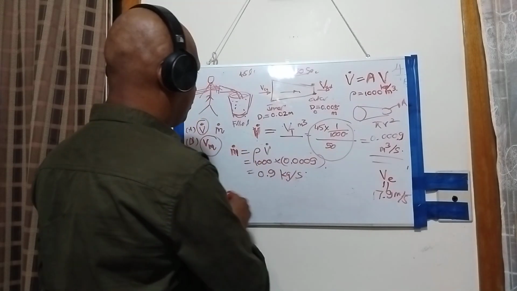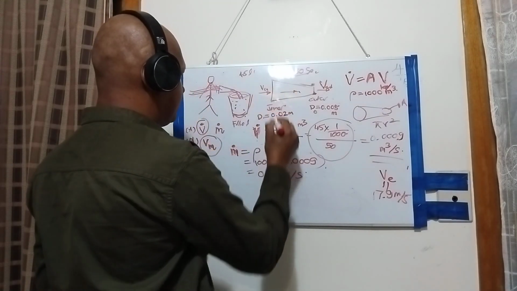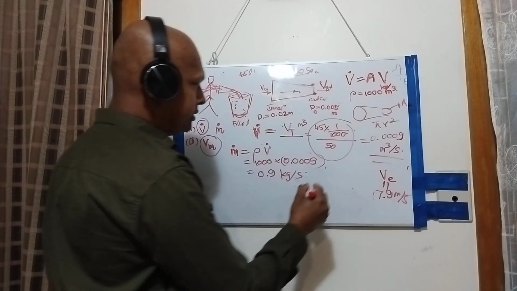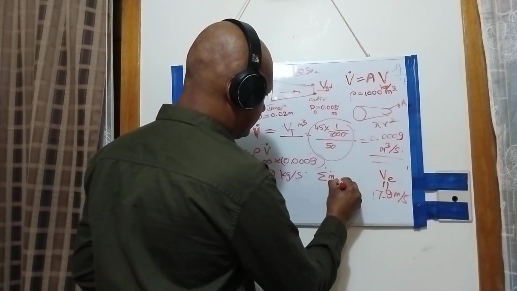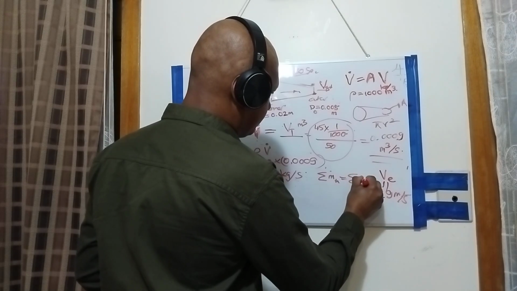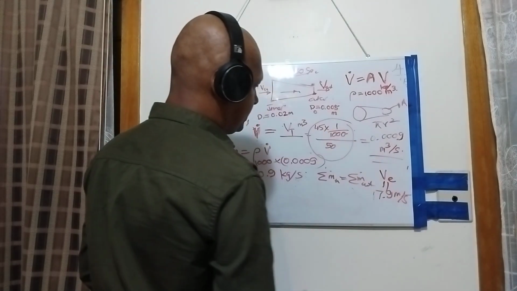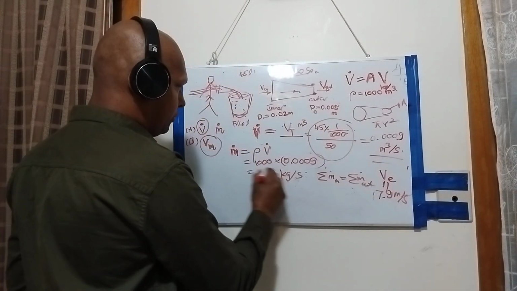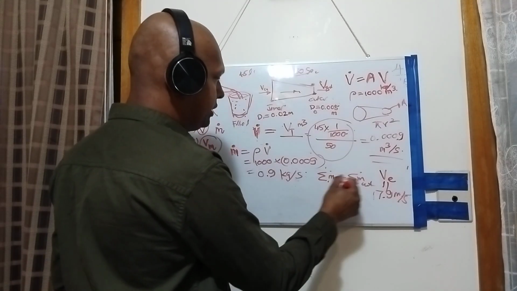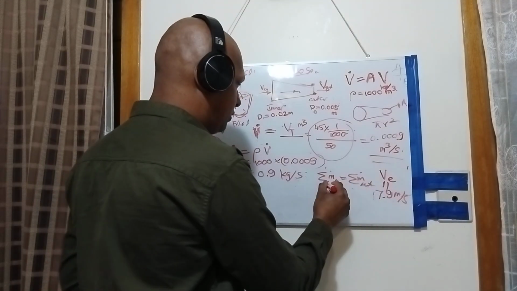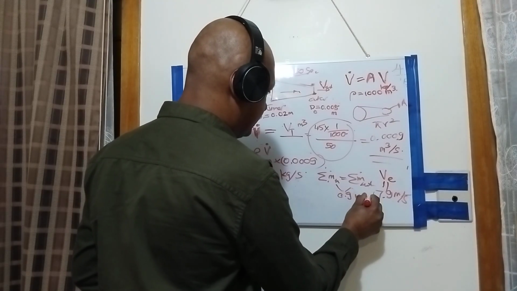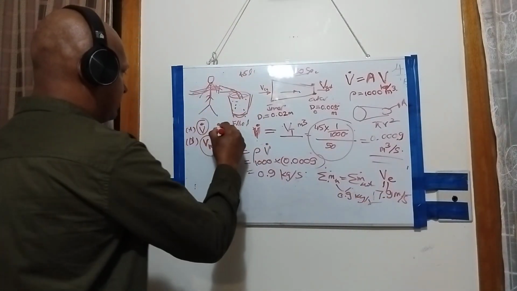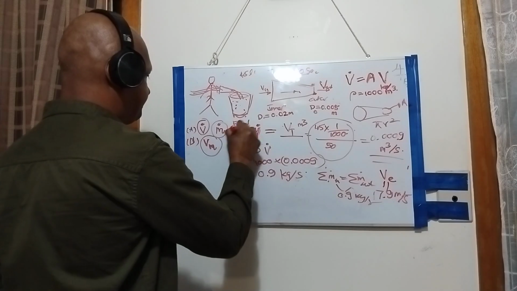So this mass flow rate will be pretty much, as we know, the continuity equation, the mass flow rate in equals mass flow rate out. So therefore, this mass flow rate will be inlet mass flow rate and outlet mass flow rate all the same, 0.9 kilograms per second. So we got the second answer.